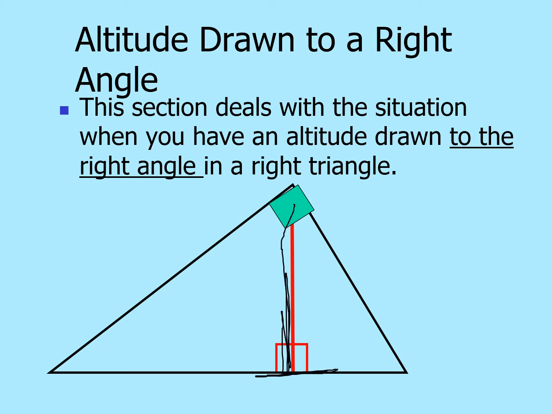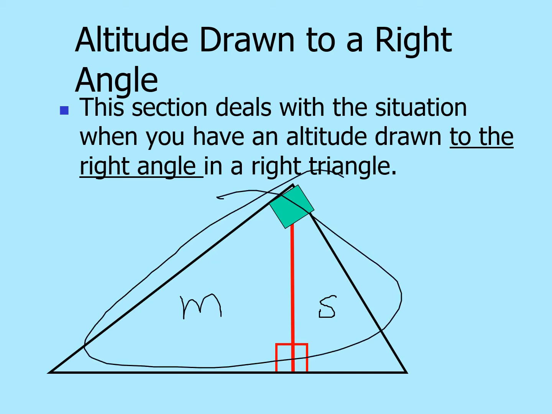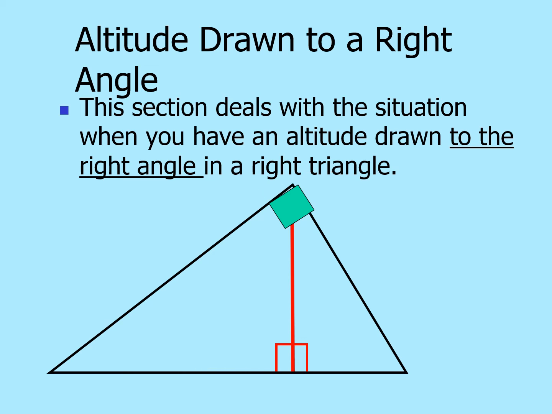So what we end up with is 3 similar right triangles. It's kind of strange. You got a small, you got a medium, and then the whole entire thing is the large. 3 similar triangles that way. When you have an altitude drawn from that right angle down to the opposite side, you get 3 right angles.